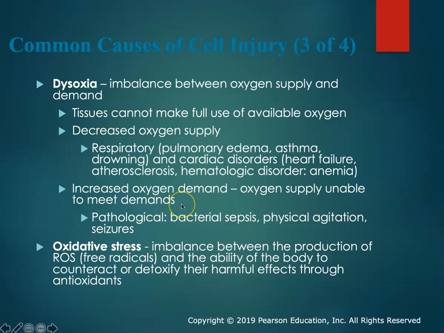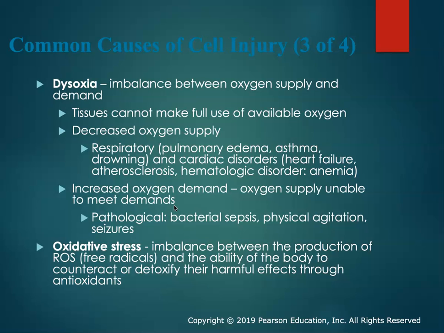So that's why it says here, it's sort of specifying the pathological part, because there'll be times when the cell is challenged, right, and has to increase its oxygen supply to meet that demand.